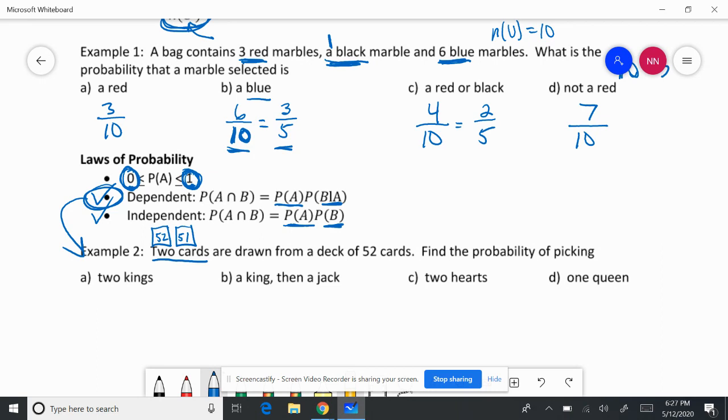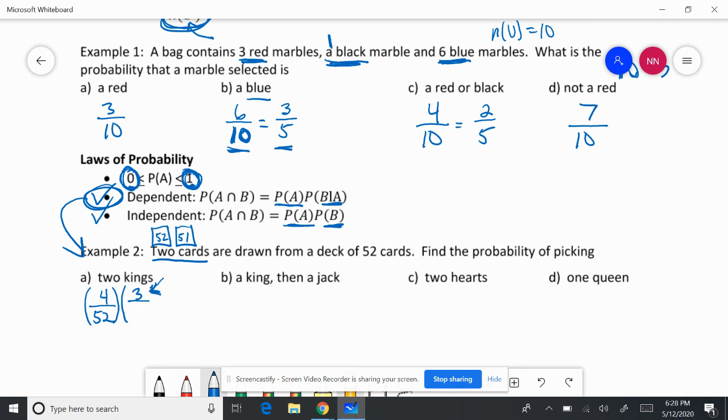So looking at our card example, we have the probability of picking 2 kings. If you know a deck of cards, there are 4 kings out of 52. That would be picking the first card. Now we want 2 kings. So if we have 1 king in our hand, there are now 3 kings left, so we only have a choice of picking 3 now.